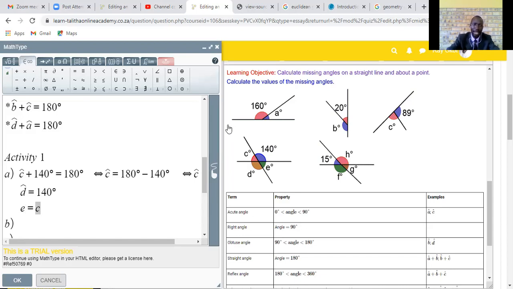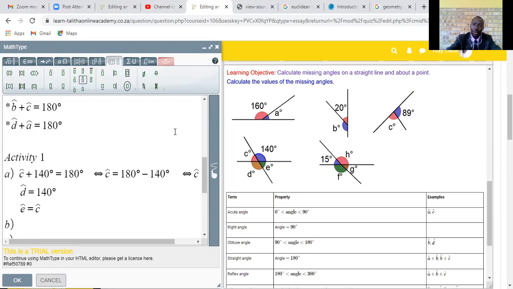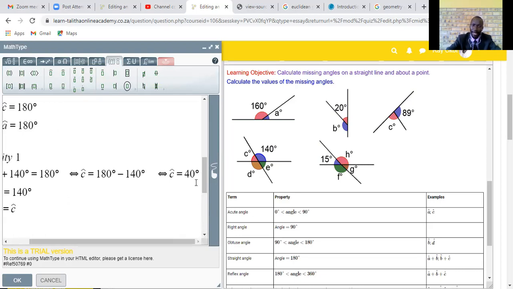And because of that, let's have this first with the caret. That is angle E is now equal to angle C. But notice that we already know angle C. We calculated it, it's 40 degrees.